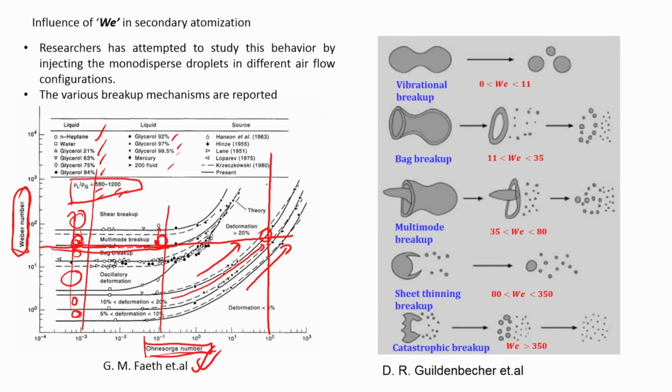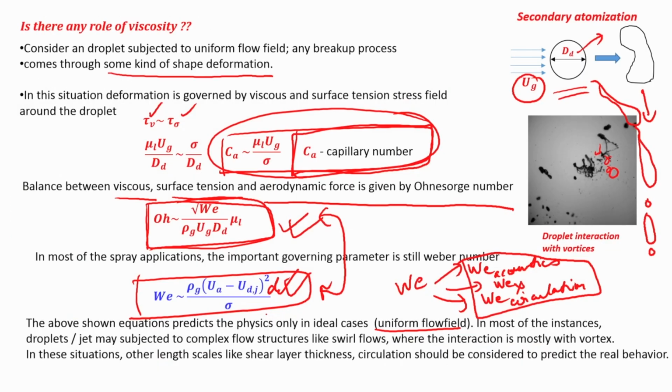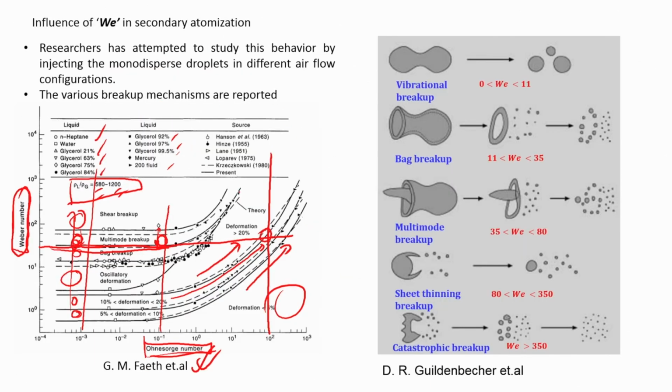Say if a droplet is undergoing multimode breakup, it is very difficult to achieve multimode breakup when the viscosity is very high, when the Ohnesorge number is very high. Got it? Clear? So, Ohnesorge number, as you can see, rightly scales with the mu L. There is a Weber number component over here as well, but what it generally implies is that this zone gets expanded.